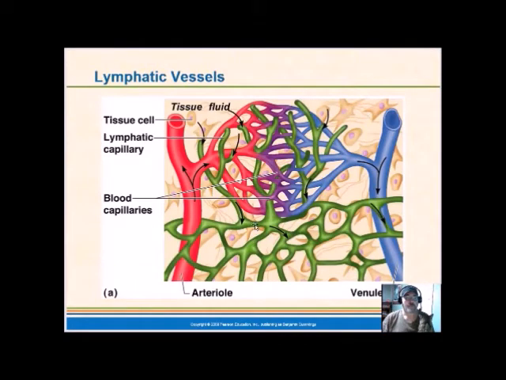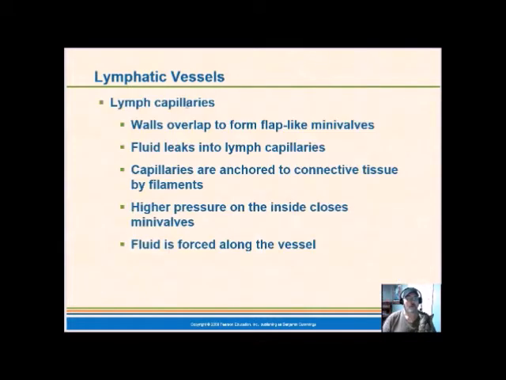We have a system somewhat like this, where we have capillary beds, and lymphatic capillaries that are scattered throughout the capillary beds, really throughout the tissues of our body. Lymphatic vessels have walls that overlap, so they are very leaky.